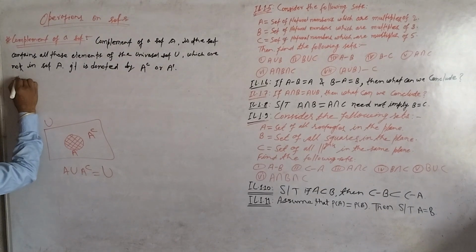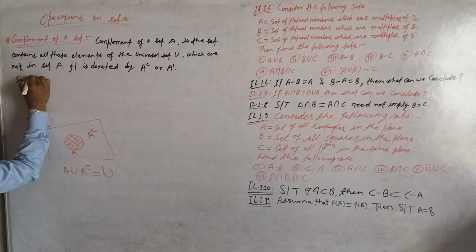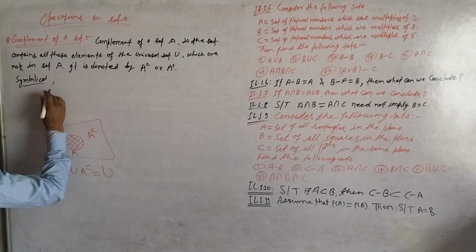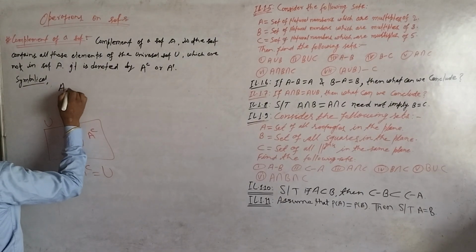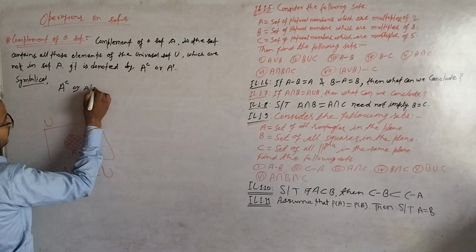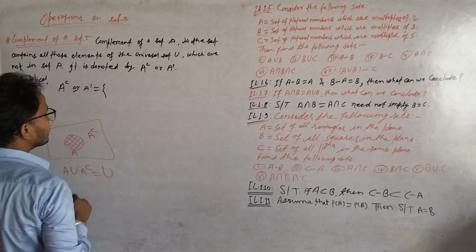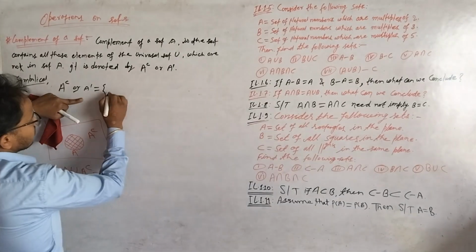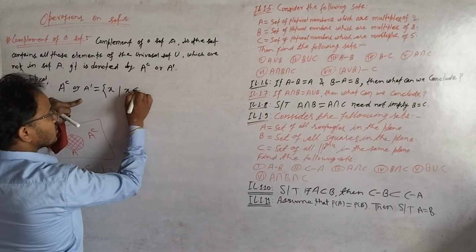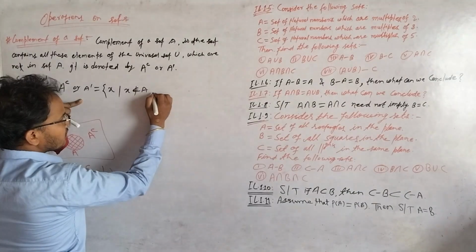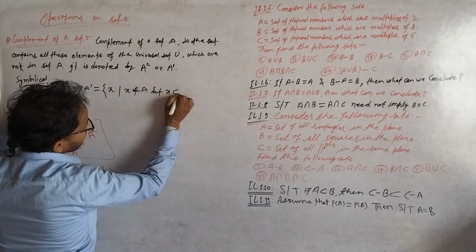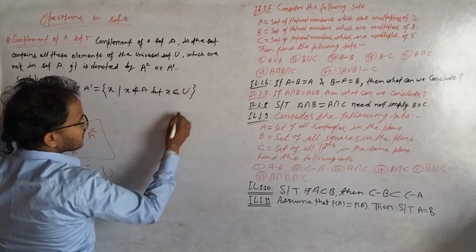Symbolically we write A complement or A bar equal to the set containing those elements X such that X does not belong to set A but X belongs to the universal set.